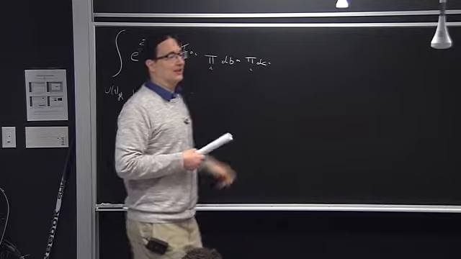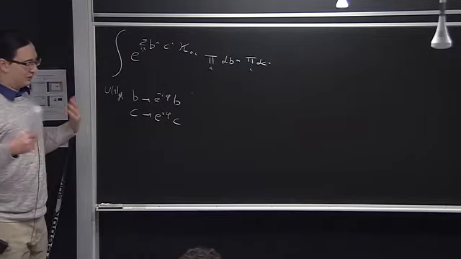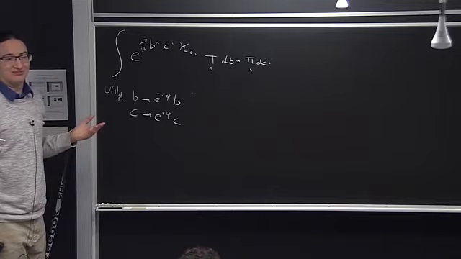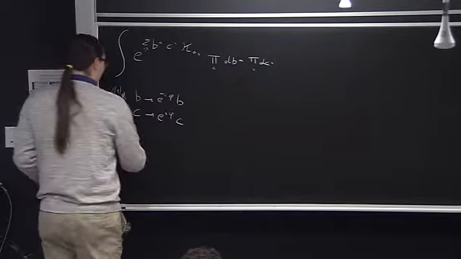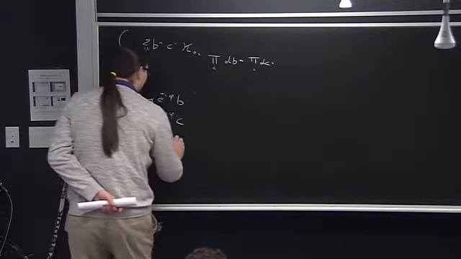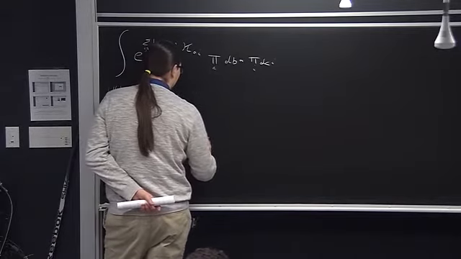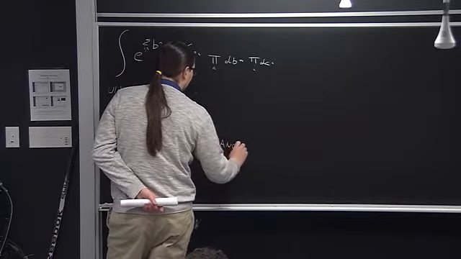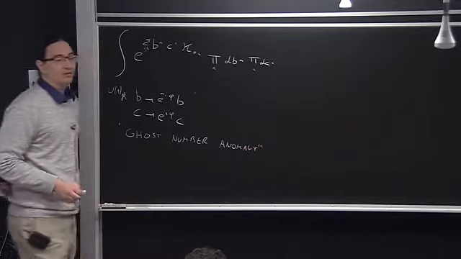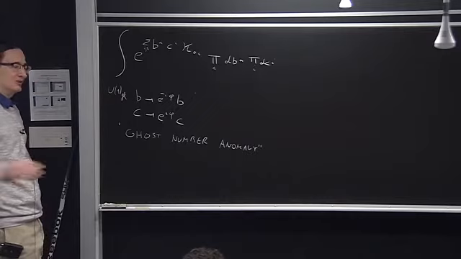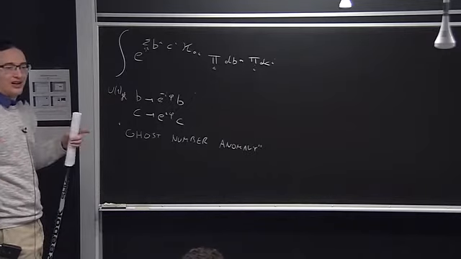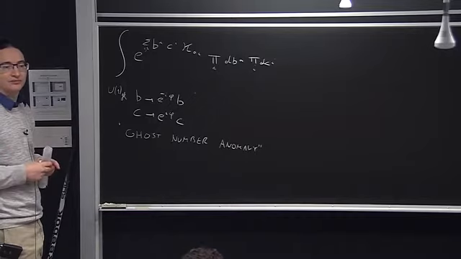But the point is that when the measure is charged under a symmetry, you say that the symmetry has an anomaly. So the Gauss number, something called the Gauss number anomaly, tells you what's the charge of the measure, and so by extension, what's the charge of the operators you need to insert in the correlation functions to get something which is not zero.